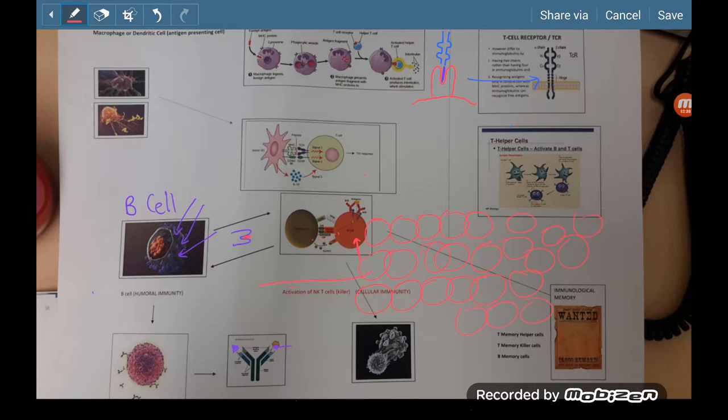And then those B cells, a number of them, are going to turn into what we call effector cells. And effector cells are cells that are going to have a real effect on this, and they're called plasma cells. And plasma cells take this humoral response to a new level, which infiltrates all fluids of the body.